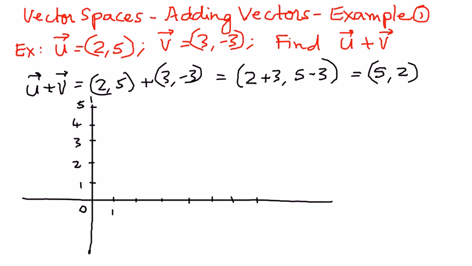If we need more points, we'll pick them up. Since we do not have any negative numbers, I'm not going to pick any points on the negative x-axis or on the negative y-axis.